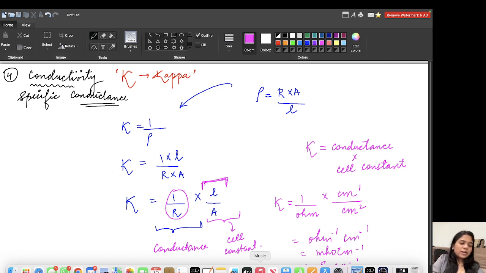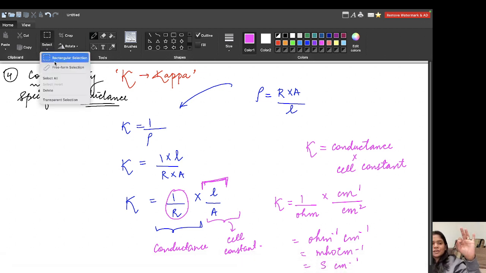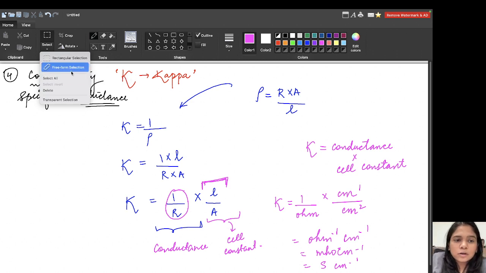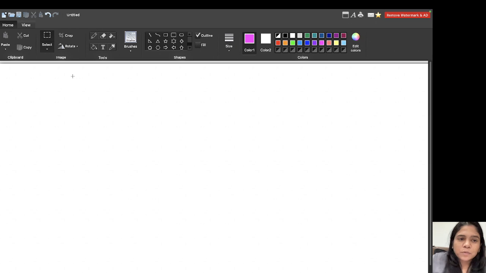Next is molar conductivity and your equivalent conductivity. Very important topic, but before that let's revise the 4 things which we have studied now, because molar conductivity and equivalent conductivity are related to these four topics only. So just a quick revision. First thing we studied was resistance. What is resistance?